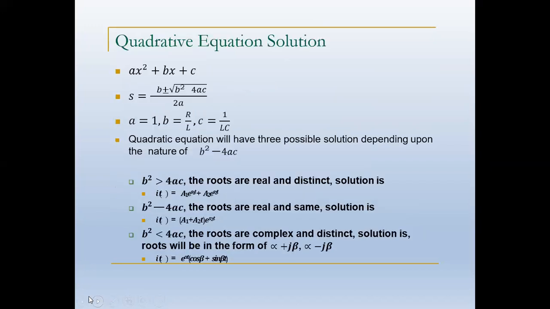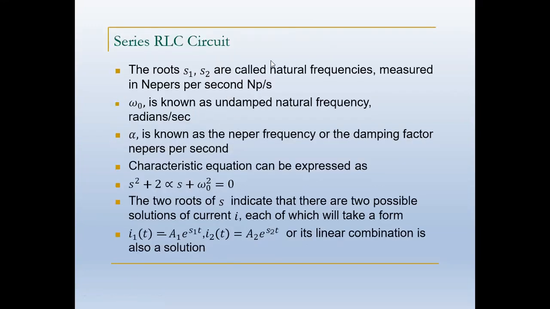The roots s1, s2 are called the natural frequencies, measured in Nepers per second. Keep in mind this unit, Nepers per second. Next, omega 0 is known as the undamped natural frequency, which is measured in radians per second. And alpha is known as the Neper frequency, or damping factor, in Nepers per second.